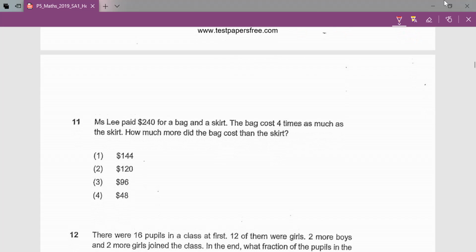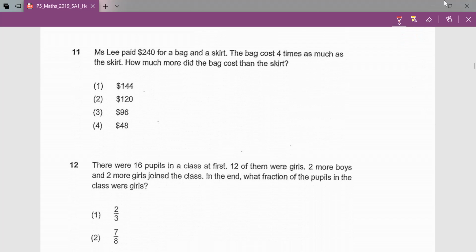Okay. Miss Lee paid $240 for a bag and a skirt. The bag cost 4 times as much as the skirt. How much more did the bag cost than the skirt? Right, so the bag is 4 times more compared to the skirt, and the total is 240.